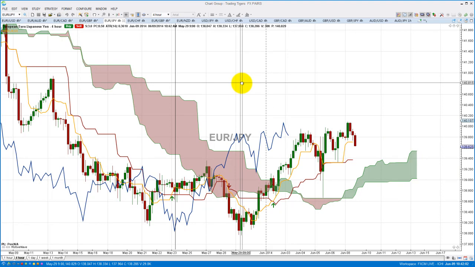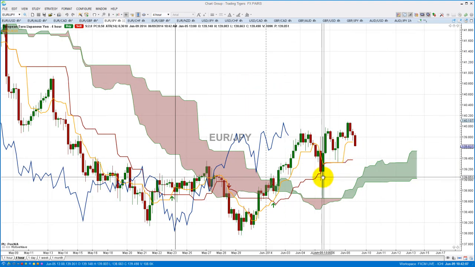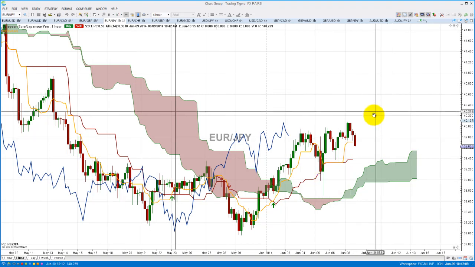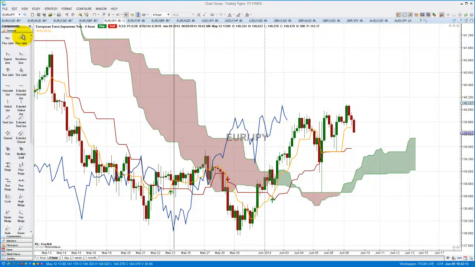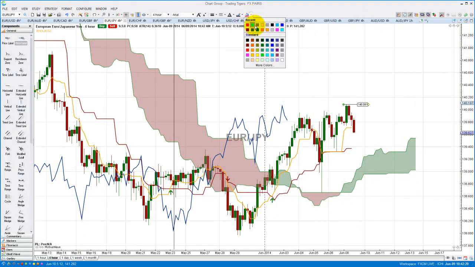Right, okay, fine. So what we can see now, we can take it on the break of this actually, so we can put it at the high of this, should price come back up again. Right, we can put an entry there.